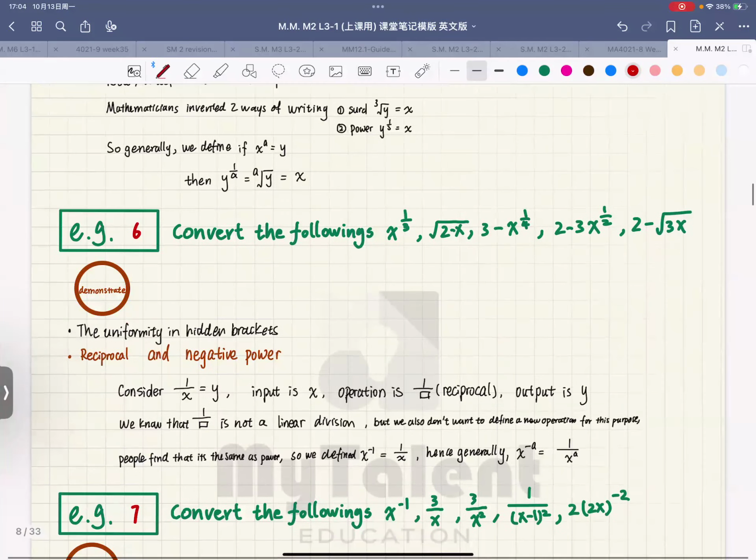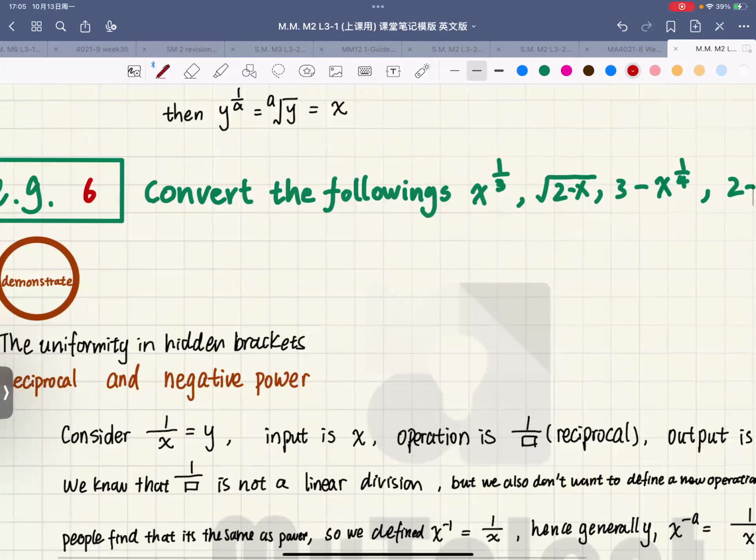Now, let's convert the following: x to the power of 1/3, square root of 2 minus x, (3 minus x) to the power of 1/4, (2 minus 3x) to the power of 1/2, x to the power of a half, and 2 minus square root of 3x. Now we need to convert these.